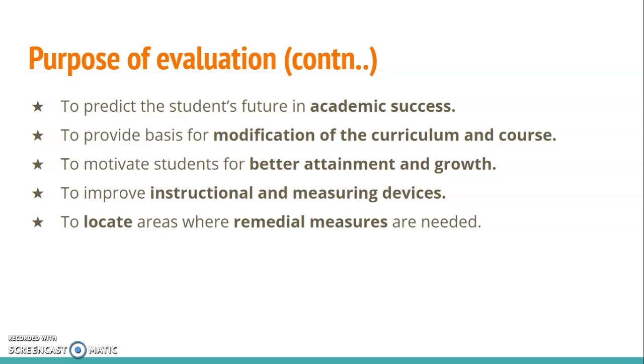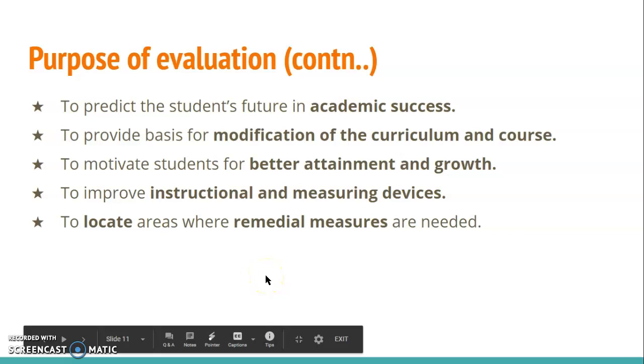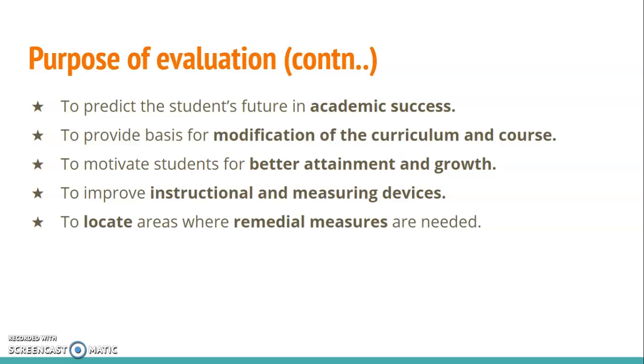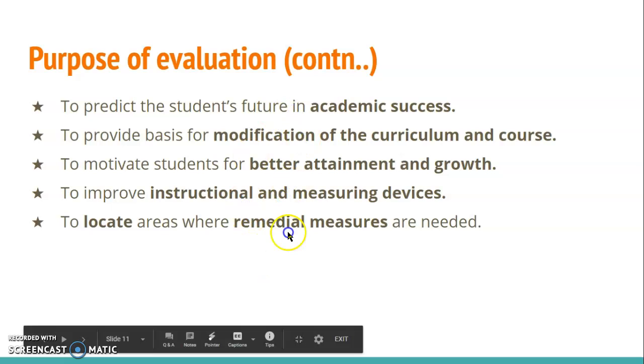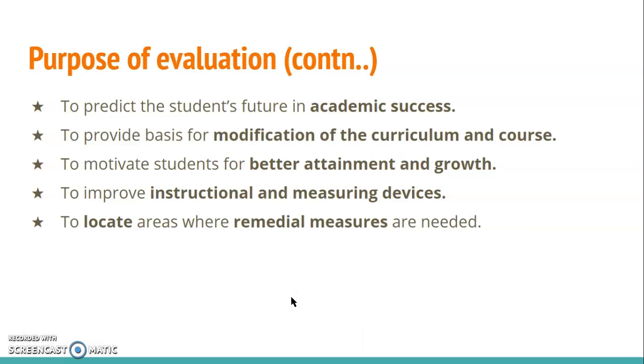To predict the students' future in academic success. So if you want to predict who will pass and who will fail in the topic, you can see the teachers comment about this in the class, like whoever failed, you won't pass in university exams. Yes, that is because it's a prediction done by the evaluation. Provide basis for modification of the curriculum and course.